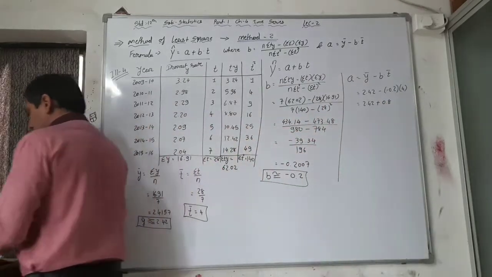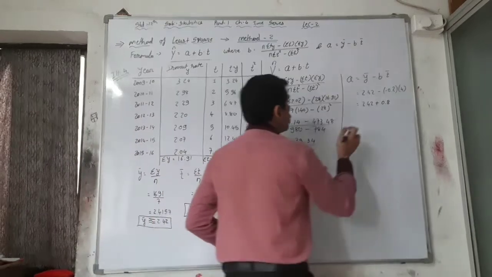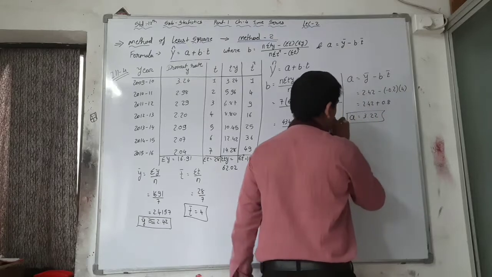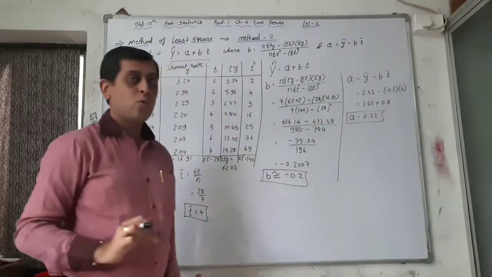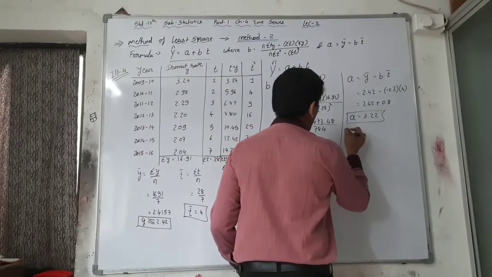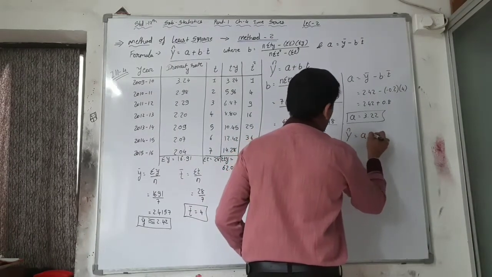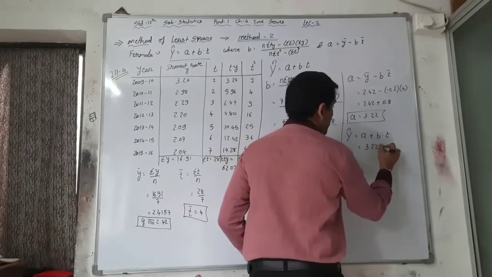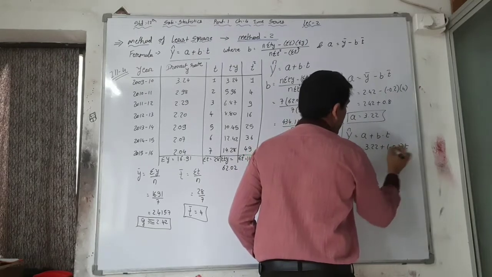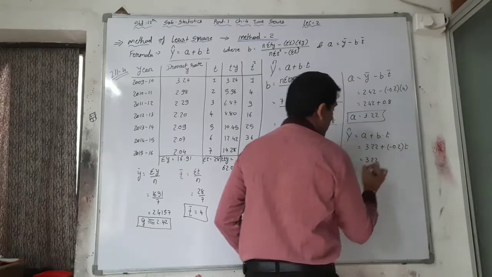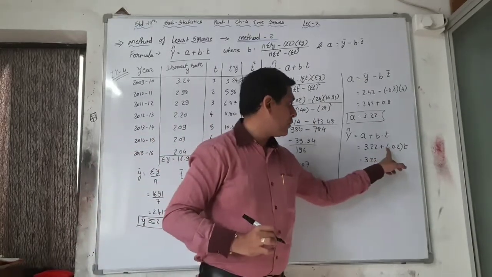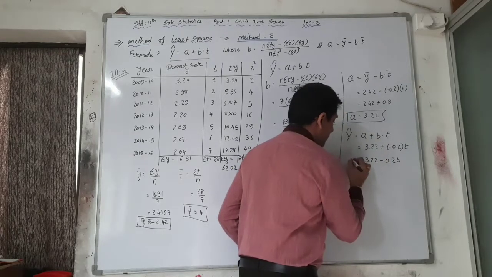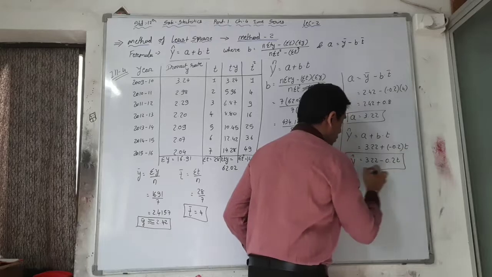So the final answer is 3.22. A is equal to 3.22. So now we can put the value in our equation A plus BT. Put the value 3.22, plus minus 0.2 T. So we can finally write that 3.22 plus minus 0.2 T is our final equation.